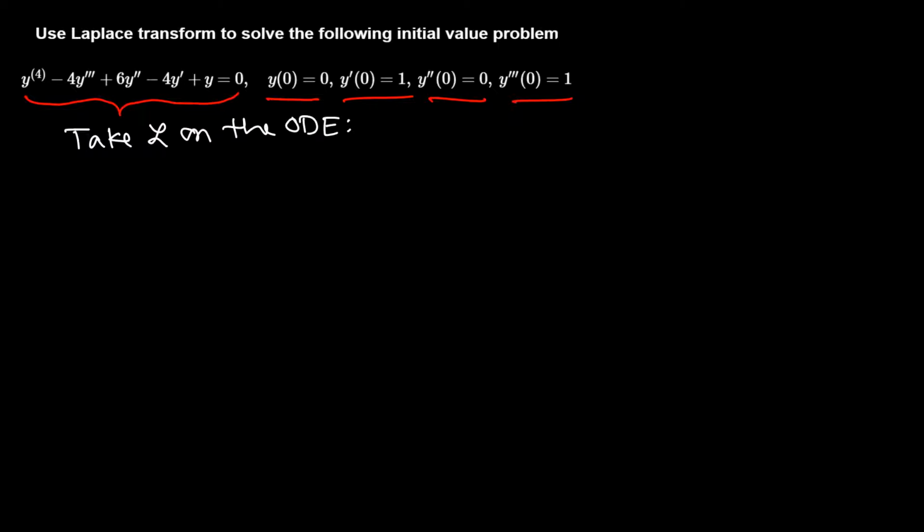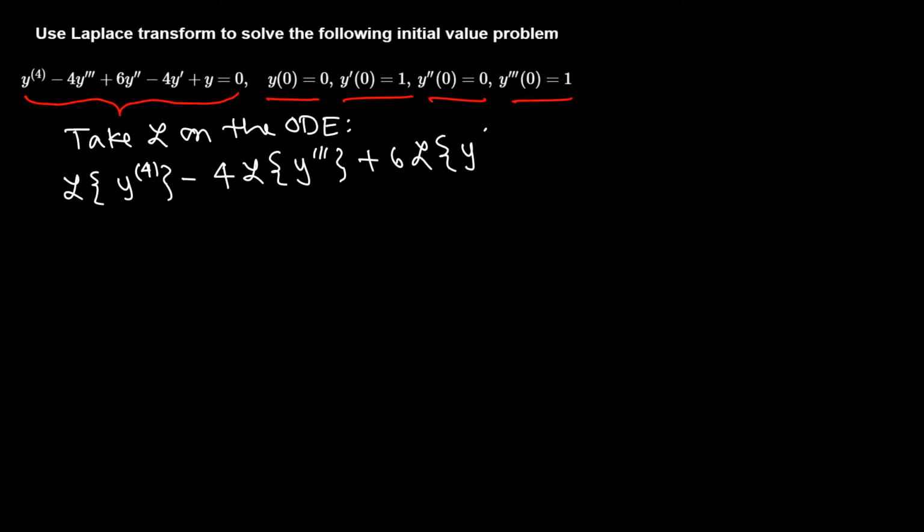We're going to get Laplace of the fourth derivative of y, minus 4 Laplace of y triple prime, plus 6 Laplace of y second derivative, minus 4 Laplace of y prime, plus Laplace of y, equals Laplace of 0, which is 0.